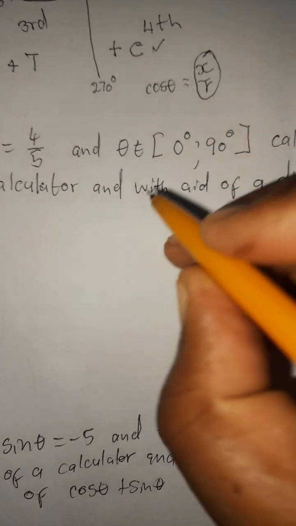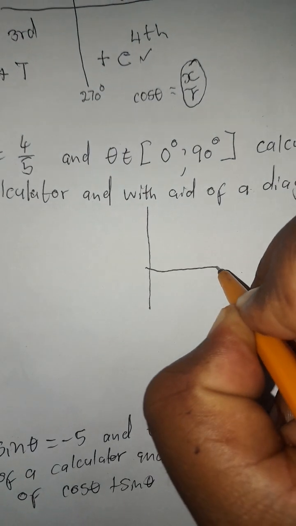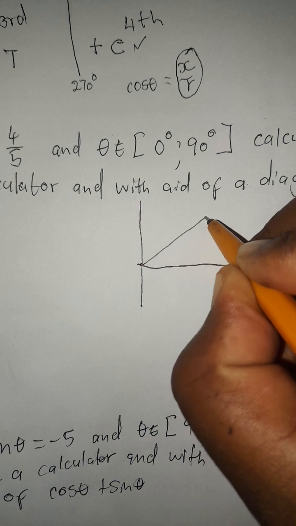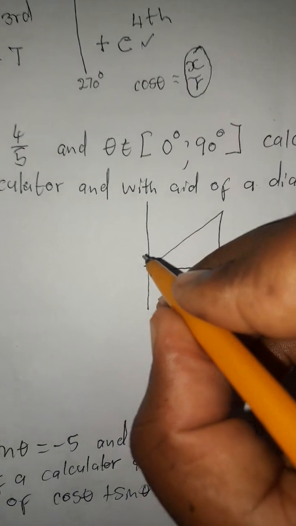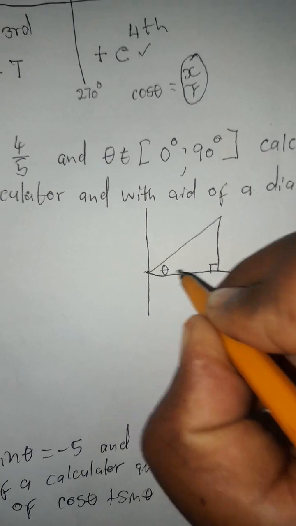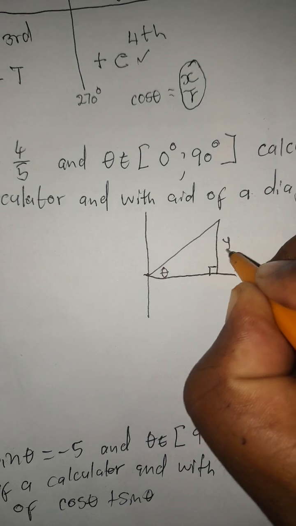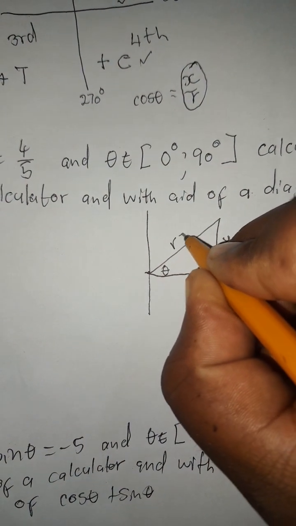So first things first, let's draw the diagram, meaning that our diagram will be here, where it's 90 degrees here. Then this is your terminal angle theta. When you are standing here, your opposite side will be this. We'll name it y. And the longest side, which is your hypotenuse, we'll name it r.